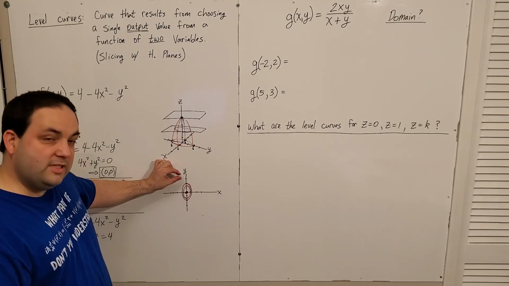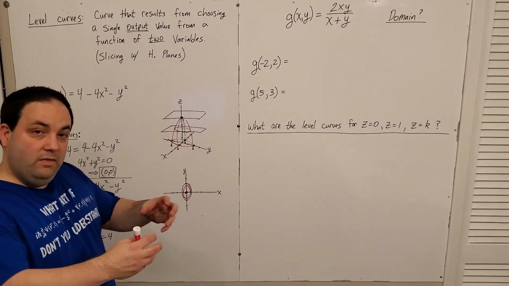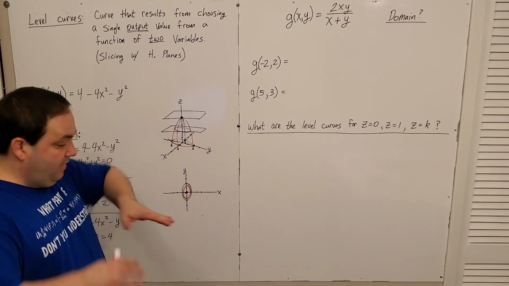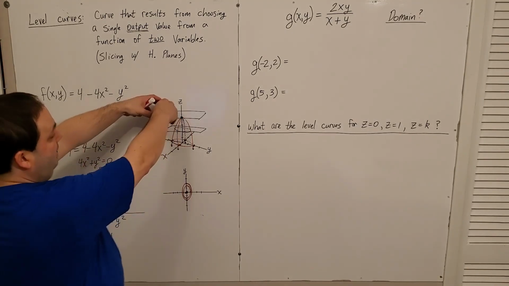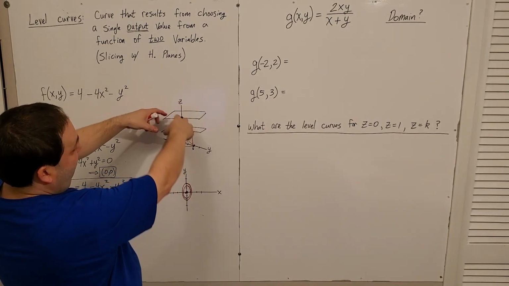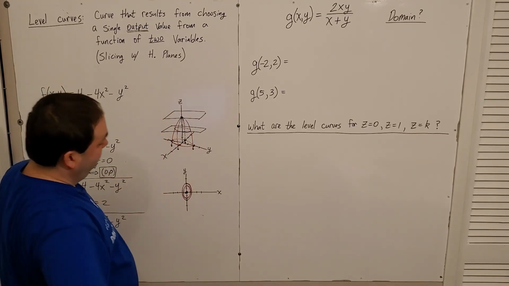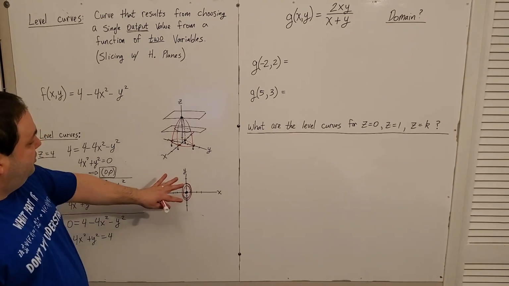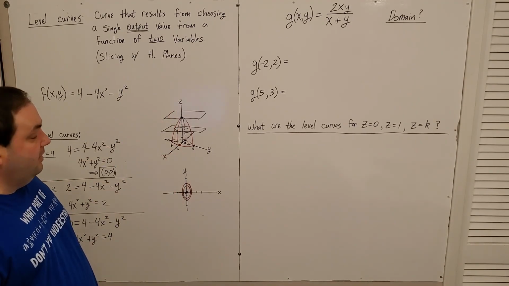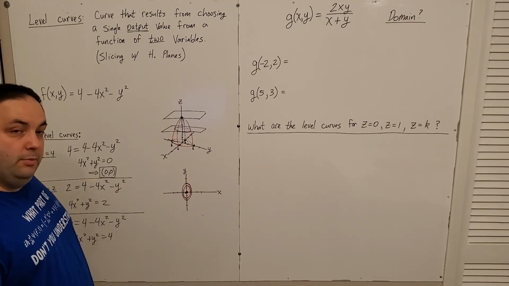The closer those things get together like that, even though it's the same gap in the levels, that means the thing is getting steeper. And you can tell that's exactly what's happening. This thing is kind of slow at first, and then the parabolas get steep like that. So this is one of the tools that we use to analyze multi-level graphs like that, so that we can look at it on a 2D plane.